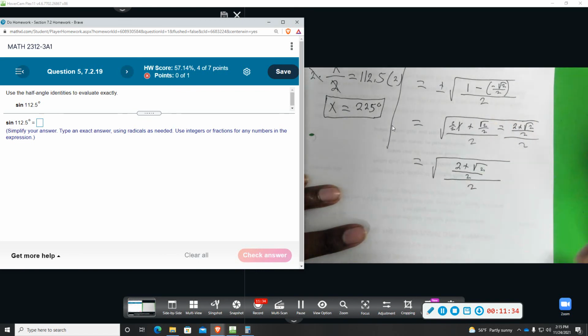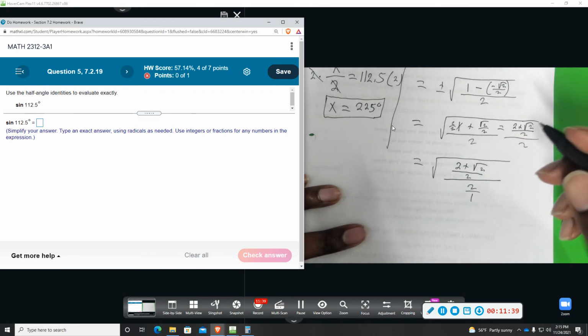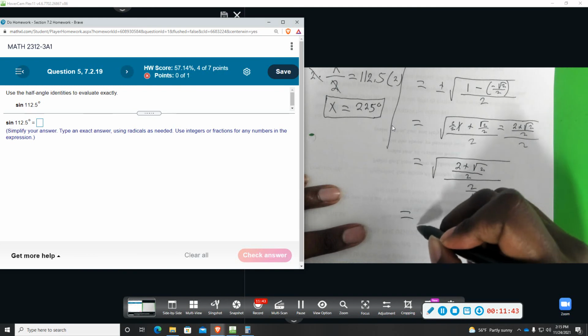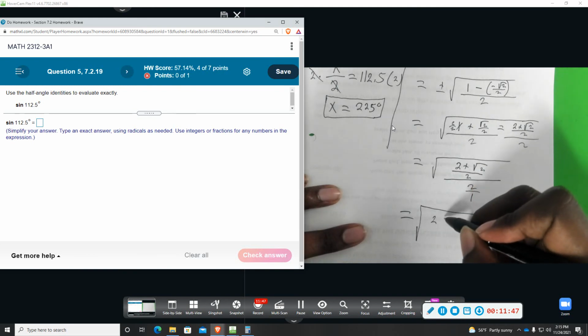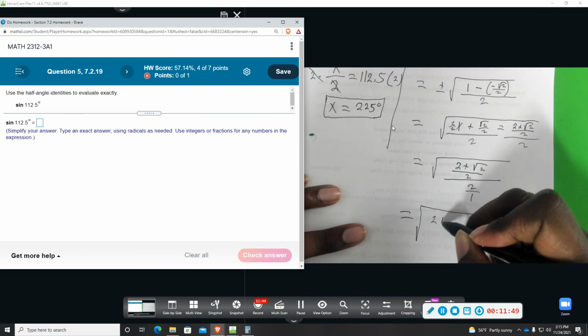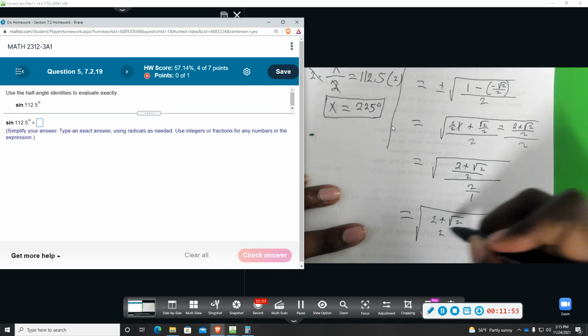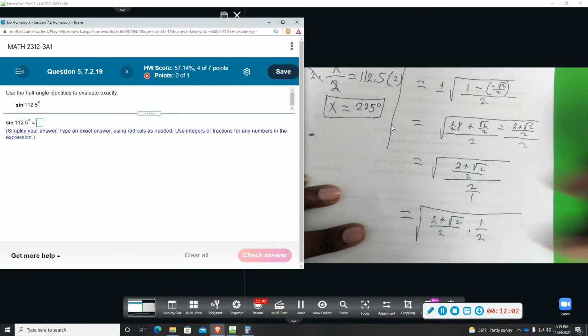So from within, we can do keep, change, flip. So we have all of this under square root. Keep. Change. Flip. One over 2. And then multiply straight across.